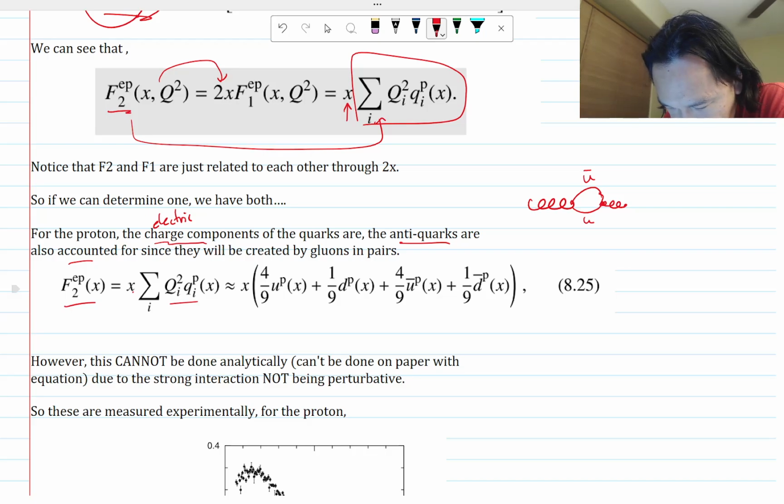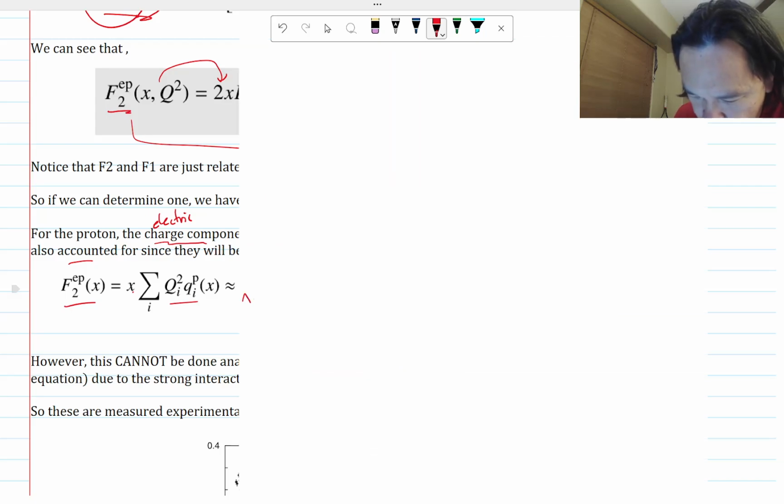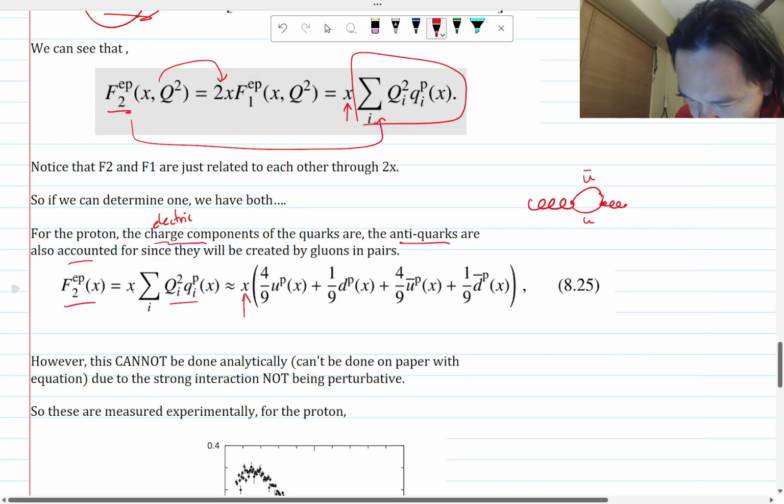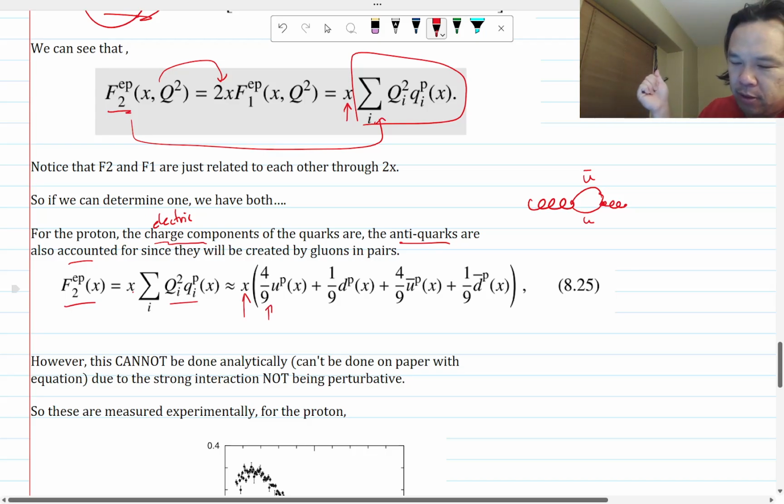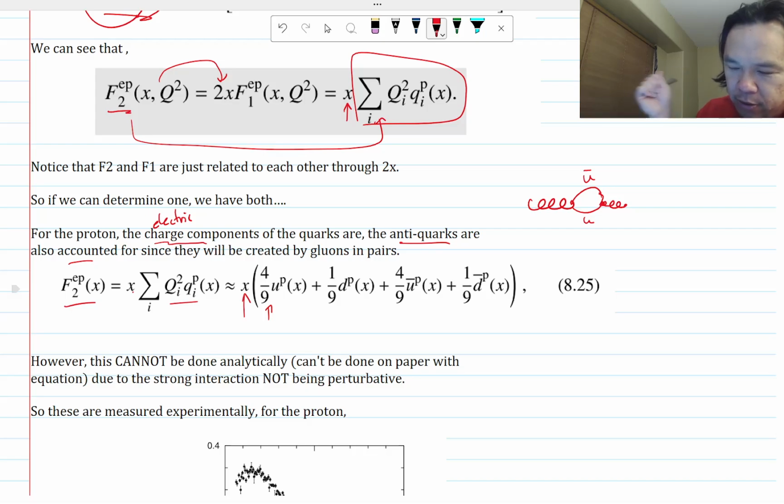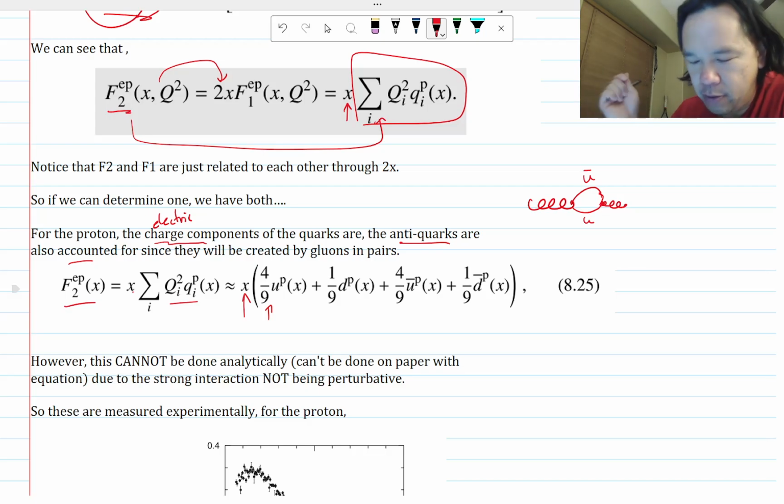Okay, right. So x, right. So for the up quark, this is for the up quark. Well, the charge of an up quark is 2/3. So you square that, you get 2/3 squared, so it's just 4/9.